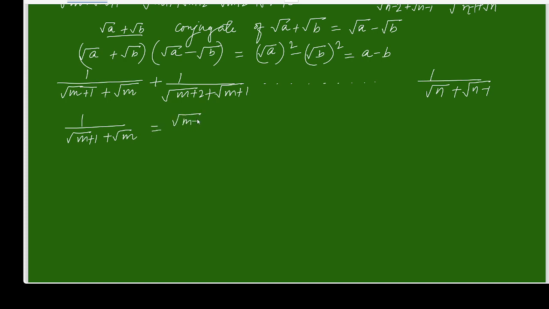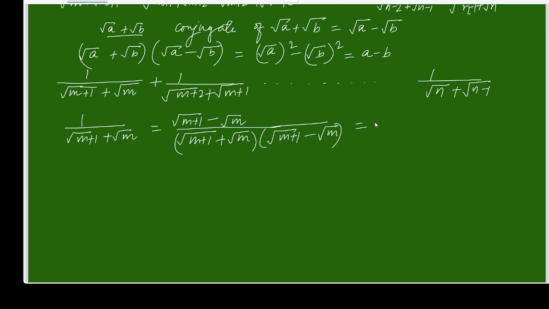It will be square root of m plus 1 minus square root of m over square root of m plus 1 plus square root of m, whole multiplied by square root of m plus 1 minus square root of m.